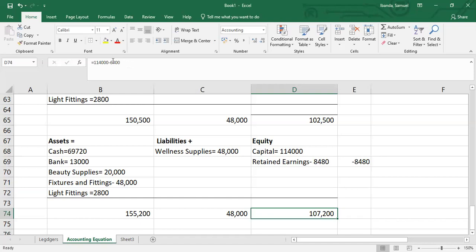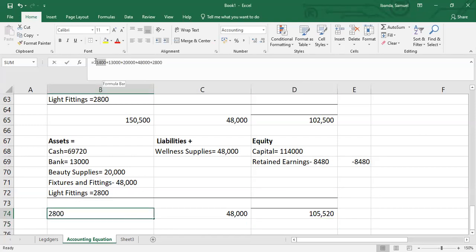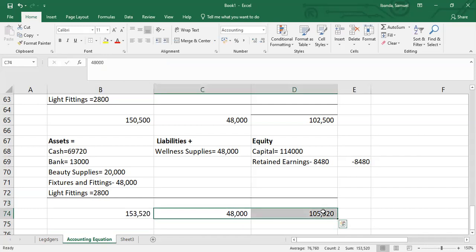So this will now change to 8,480, and then in the summation I'll change where the cash is. This is 69,720. When I add these two, they should add to 153,520. You get it?